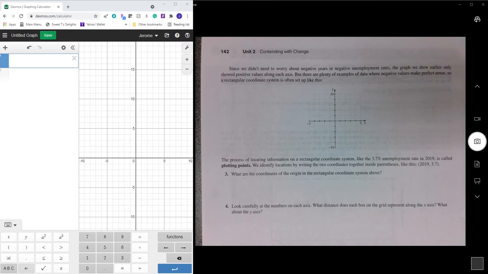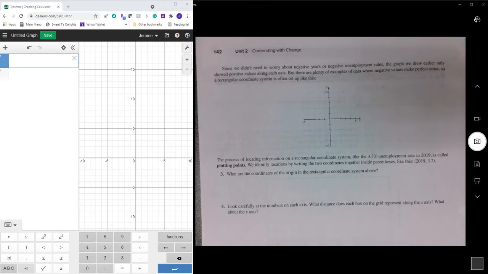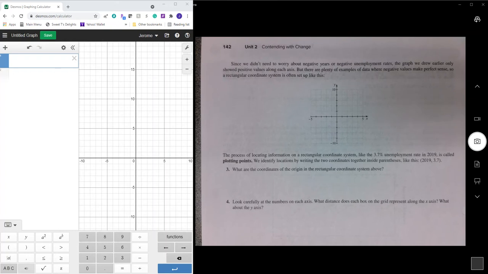So a rectangular coordinate system is often set up like this. The process of locating information on a rectangular coordinate system, like the 3.7% unemployment rate in 2019, is called plotting points. We identify locations by writing the two coordinates together inside parentheses, like this, (2019, 3.7).